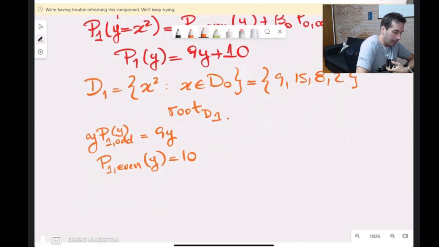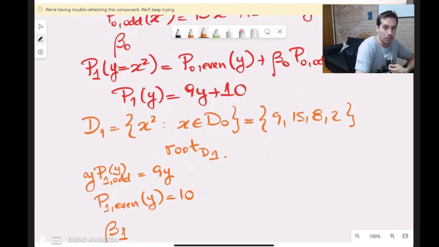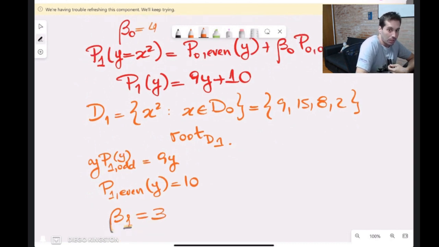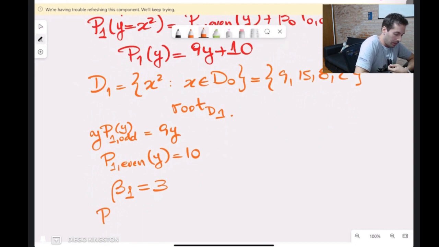So now the verifier samples beta 1, and in the previous example, beta 0 was equal to 4, and say now we get 3. And so P2 of z, which is y squared, is simply 3.